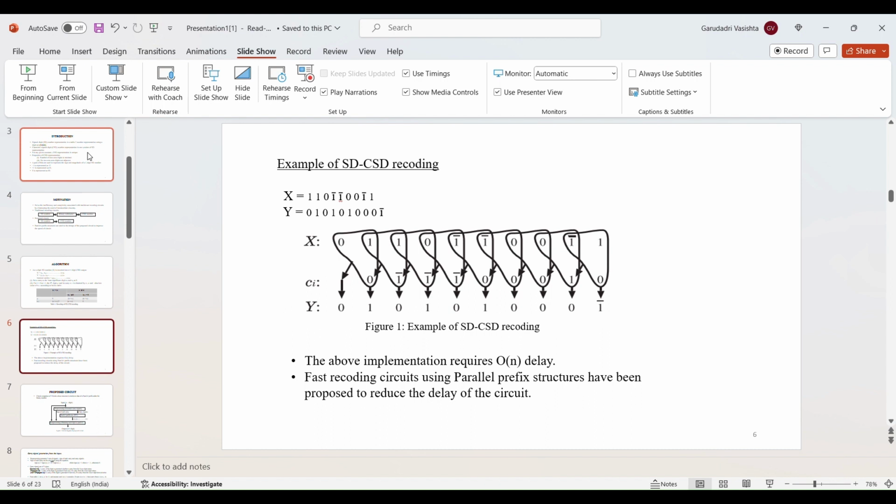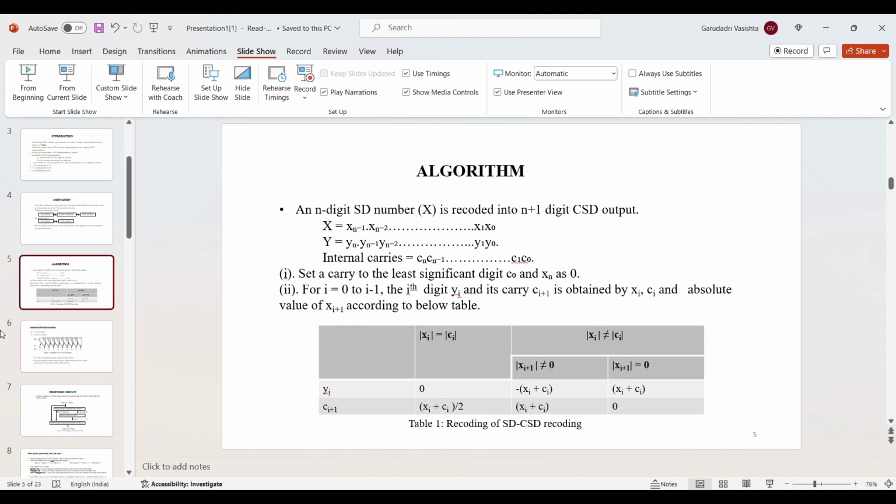So as Pavan has already explained the circuit without parallel prefix, we can notice one thing over there. This yi, the output, and the next carry, not only depend on xi and xi+1, but also depend on the previous carry.